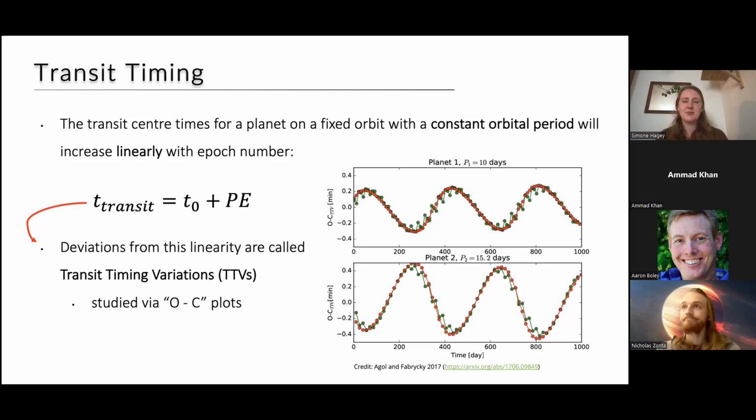These O minus C plots are important because we're removing that linear trend and just looking at what's left. What are the residuals? What cool things are going on that aren't just the usual march through time?